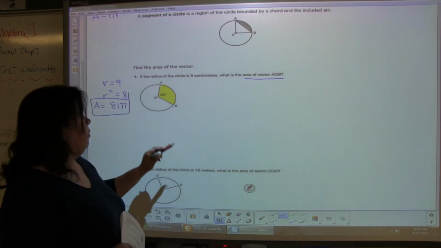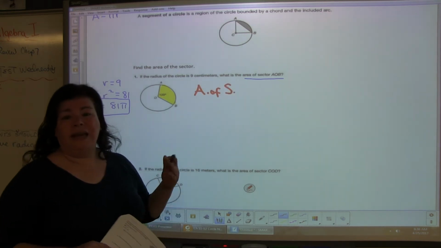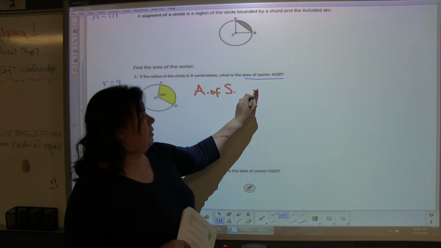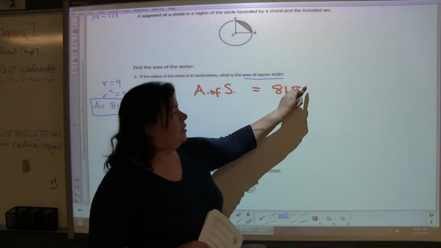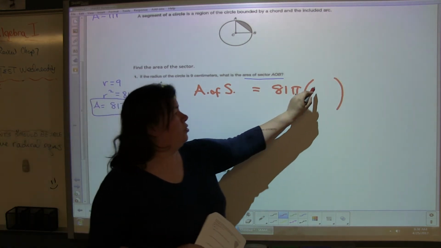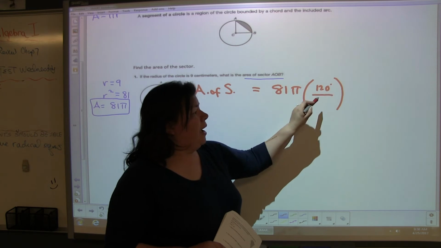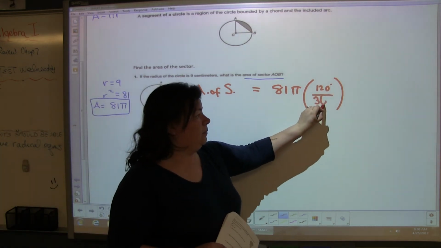So again, area of sector, which I'm going to abbreviate as A of S, is equal to the area of a circle, which is 81 pi, times our angle of 120 degrees, divided by a full circle of 360 degrees.